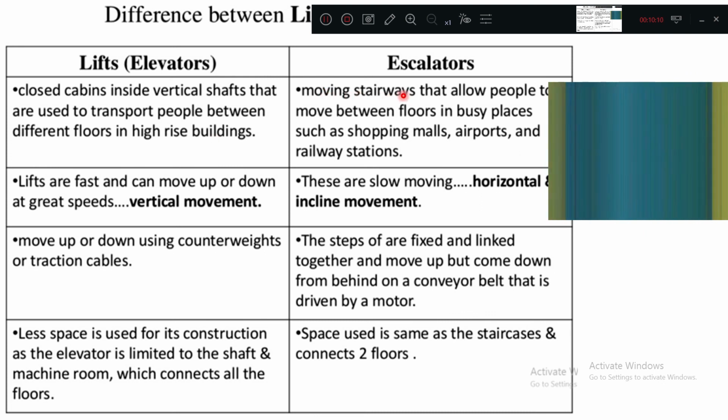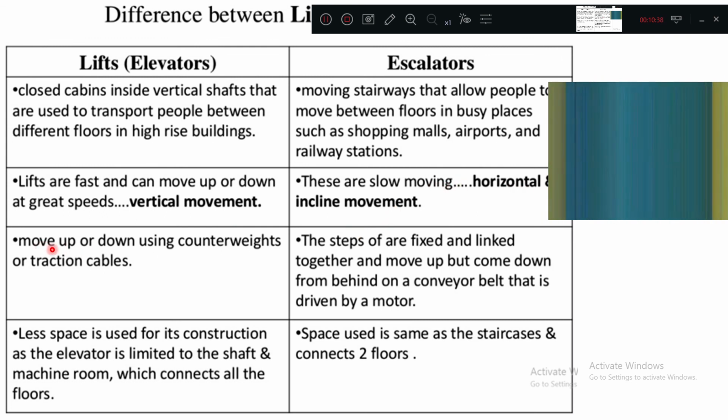Escalators are moving stairways that allow people to move between floors in busy places such as shopping malls, airports, and railway stations. Lifts are fast and can move up or down at greater speeds, preferably vertical movement. These are slow moving, with horizontal and inclined movement.